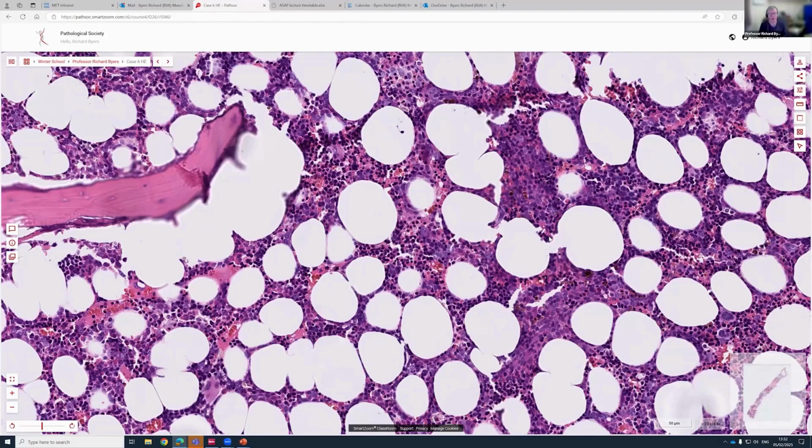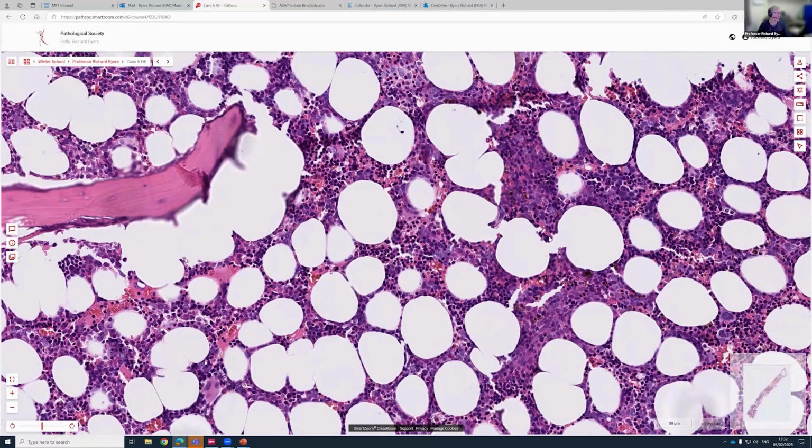So typically in the exam, you would get a hypercellular marrow and a peripheral pancytopenia. And if you get that combination, you don't really need to look at the film any more closely than that because it will be myelodysplasia.